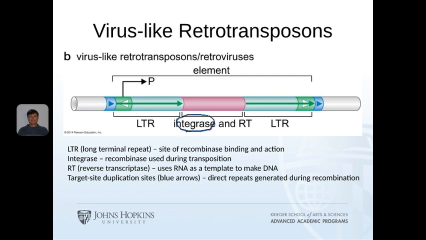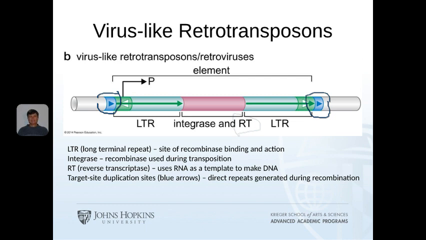Integrase is the recombinase gene, and RT is the reverse transcriptase gene. The target duplication sites are shown as blue areas with the blue arrow. You can see these on either end.